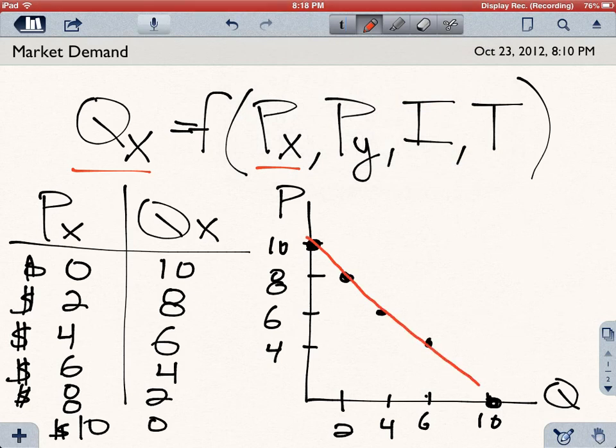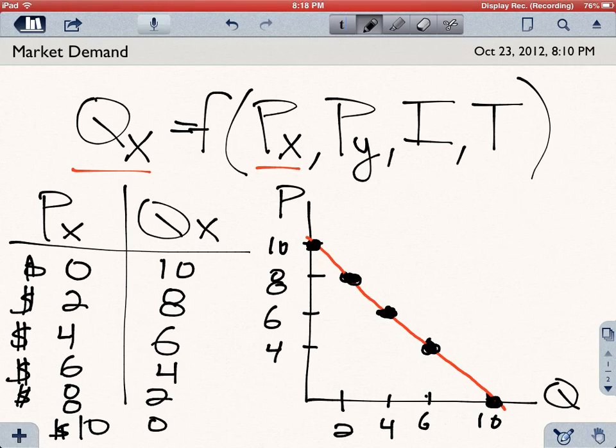Now notice that the demand curve and the demand table show exactly the same thing. It's just two different ways of showing the information. And the demand curve eventually is going to be a lot more useful for us to generalize particular things about demand and henceforth the supply too.